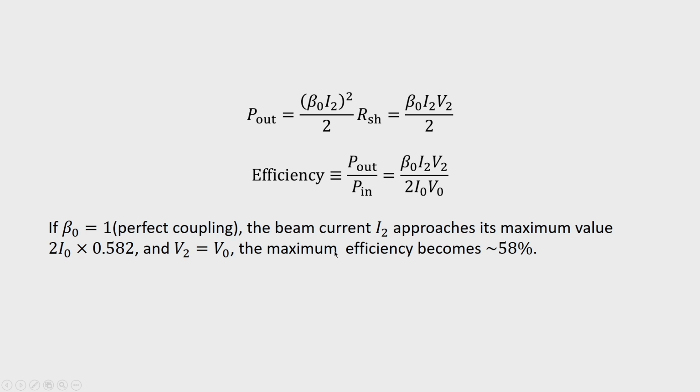and therefore, if we consider that beta naught equal to 1, perfect coupling, and the beam current I2 is such that it approaches its maximum value, which is given by 2 I naught into 0.582, and also V2 equal to V naught, then we can achieve the maximum efficiency.